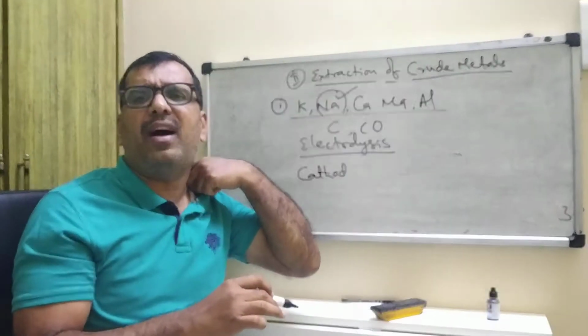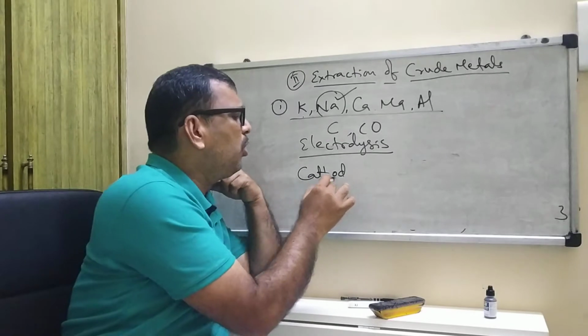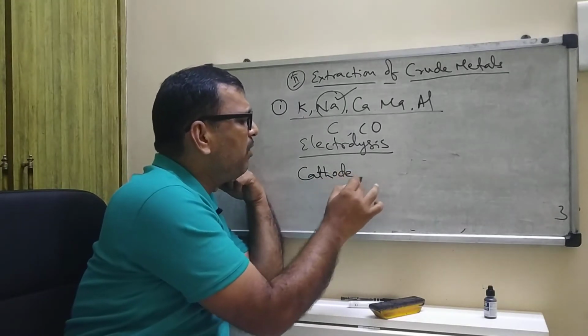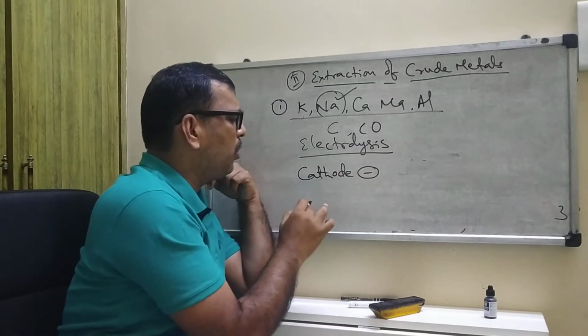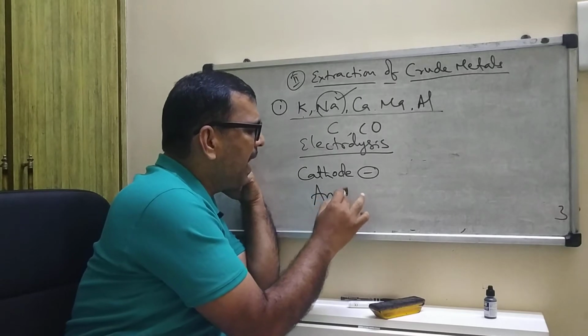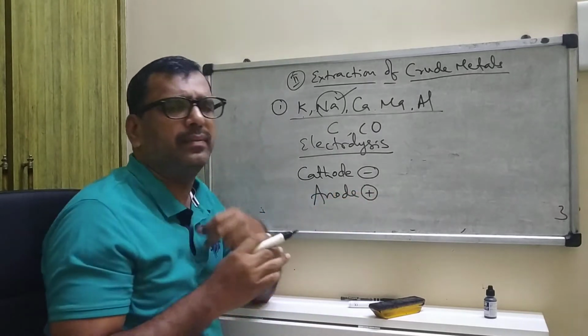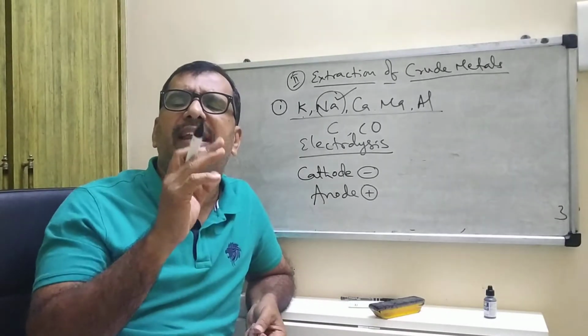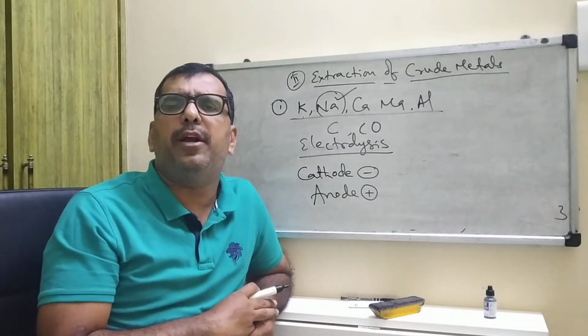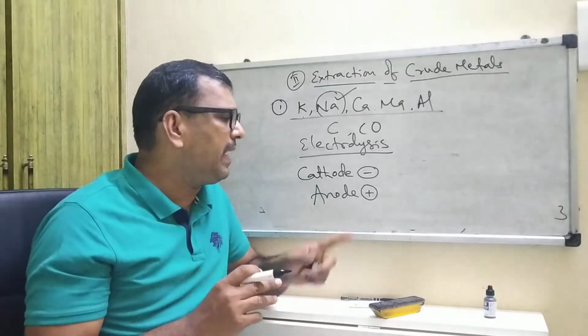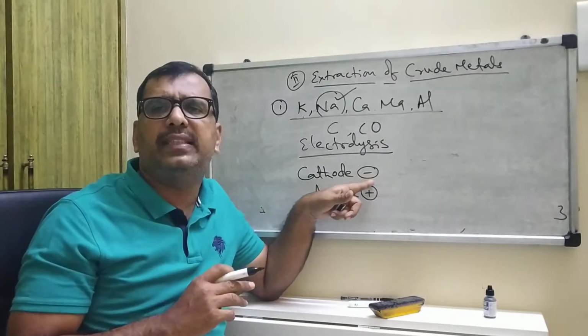What is a cathode? A cathode is a negatively charged electrode. Then you take an anode. An anode is positively charged. This is very important in many competitive examinations.